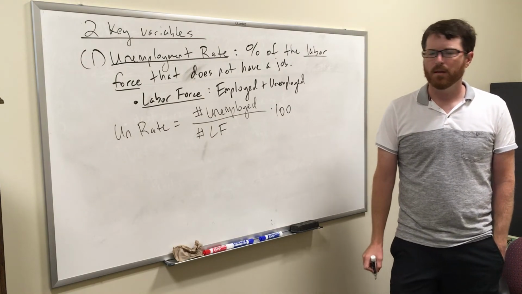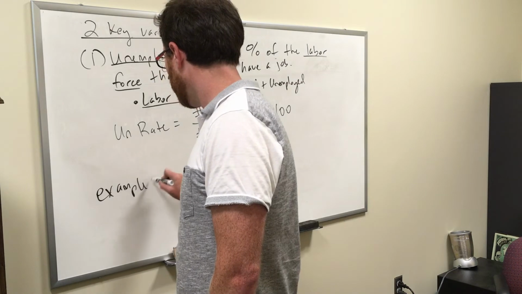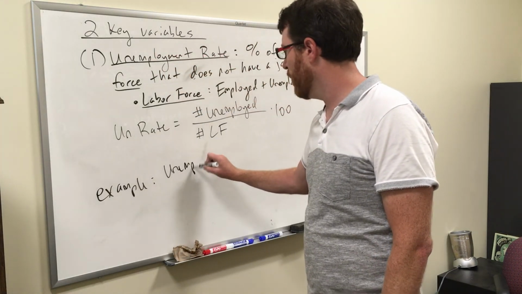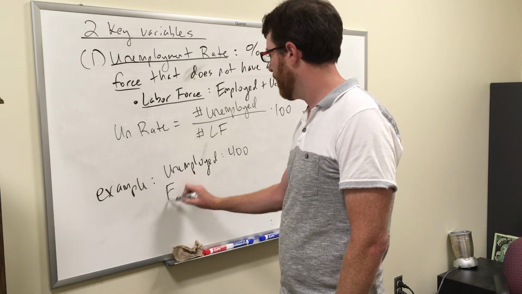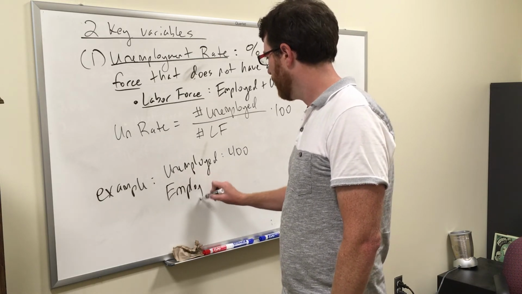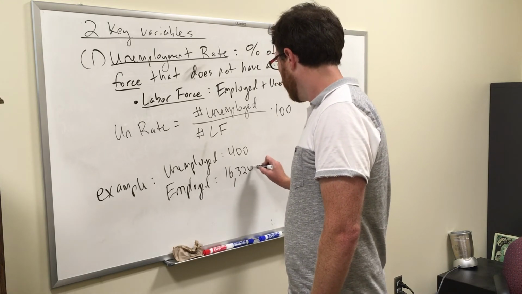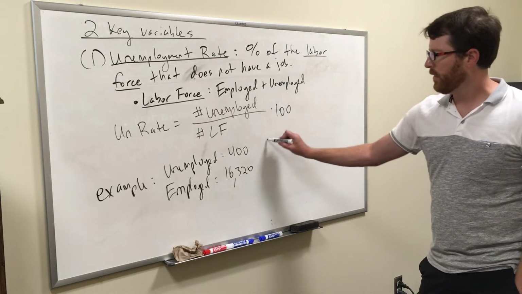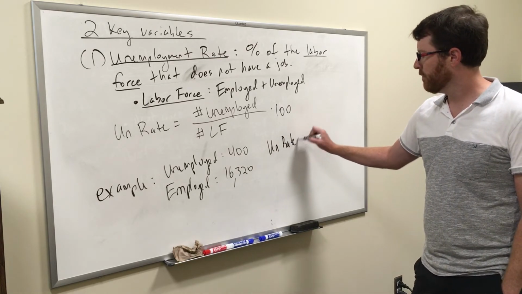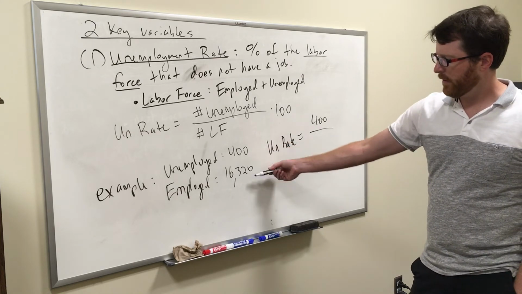Okay? So for example, if in a small town we've got 400 people unemployed and 16,320 people employed, then the unemployment rate would be 400 divided by these two combined.